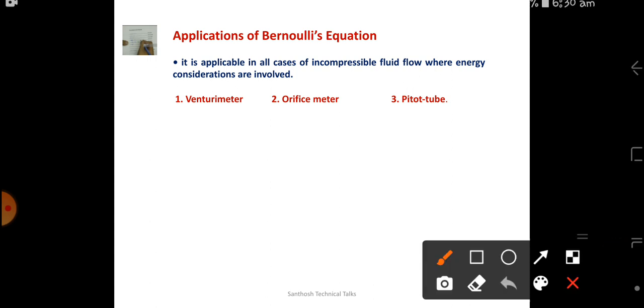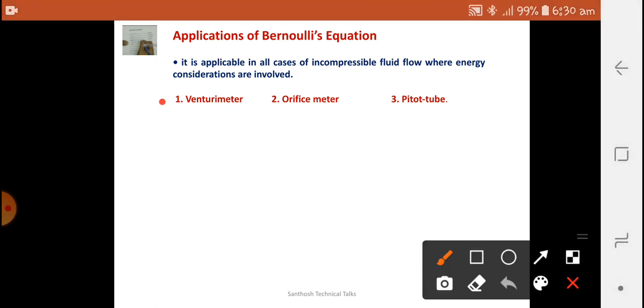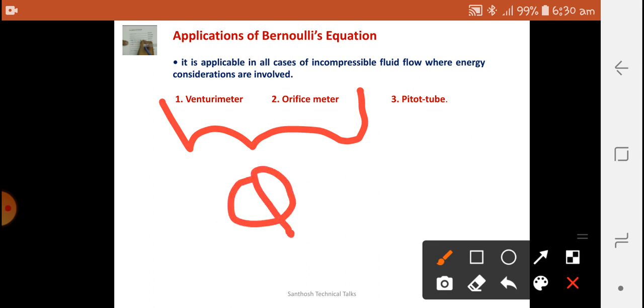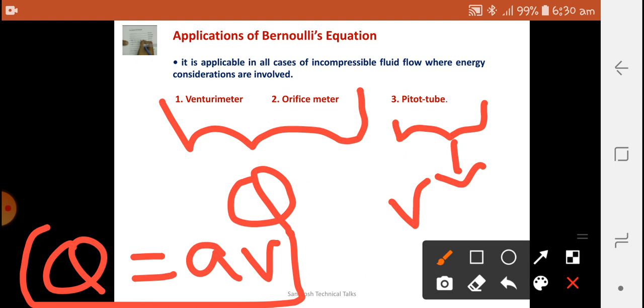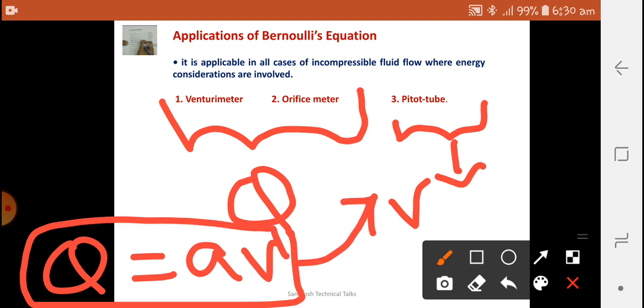Here, one thing I want to discuss: the Venturimeter and Orificemeter are used to measure the discharge of flow. The Pitot tube is used to measure the velocity of the flow. We know the relationship between Q and the velocity: discharge is equal to area into velocity. With this equation we can find the discharge from the Pitot tube.